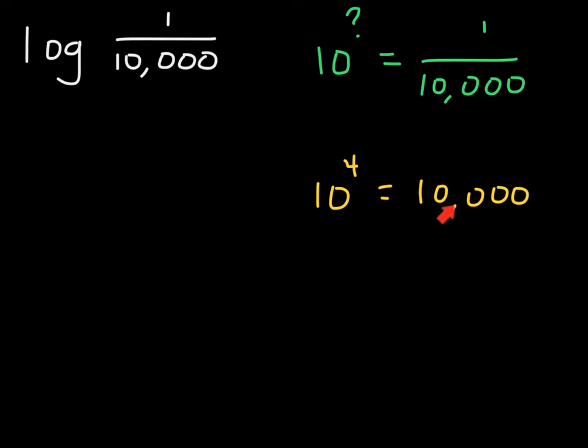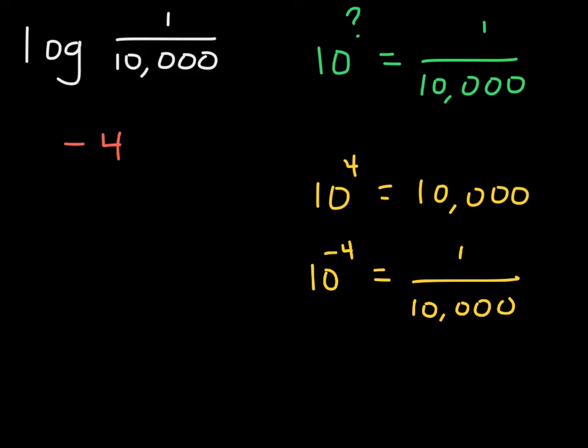If you count them, 1, 2, 3, 4, which correlates to the power of 4. But I don't want 10,000, I want 1 over 10,000. That must mean 10 raised to the negative 4th power will be 1 over 10,000. So the answer here is negative 4. This is the exponent that they wanted us to find.